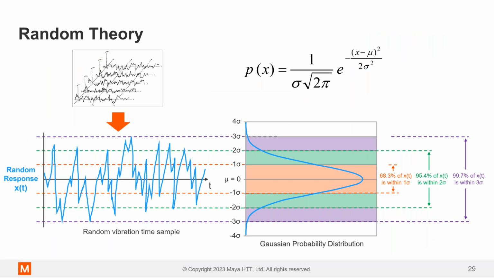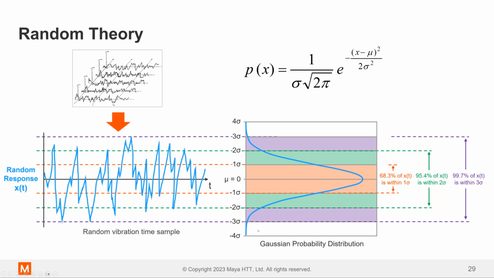Now, random theory, what we're doing. We've got these time histories, and when you're looking at those, you've got your acceleration over time, and there's a bunch of frequency content in here all at once.